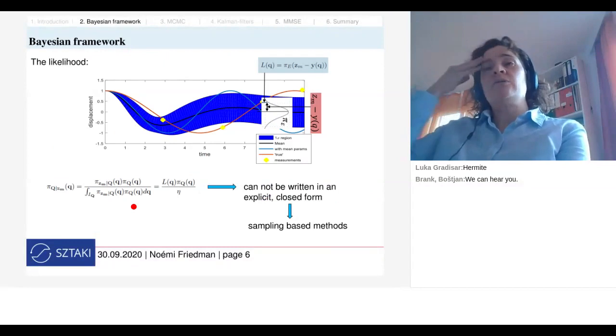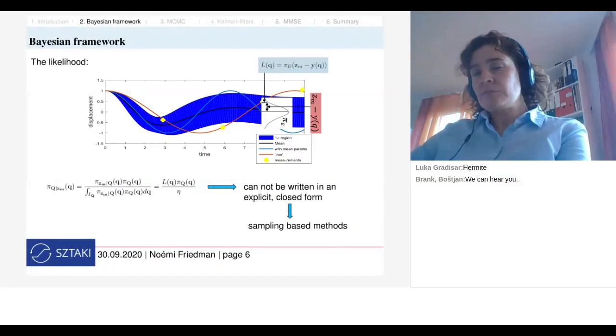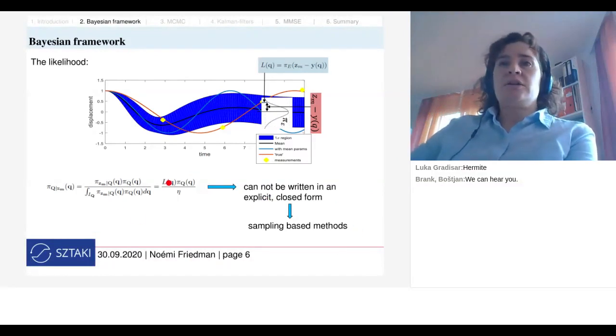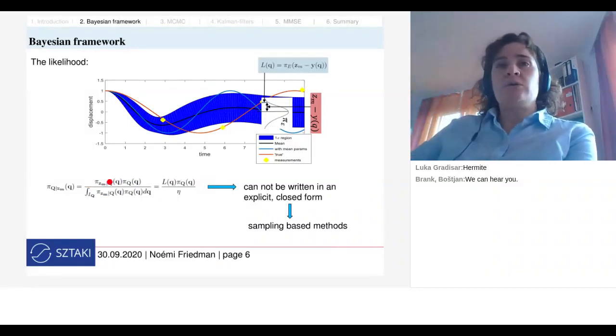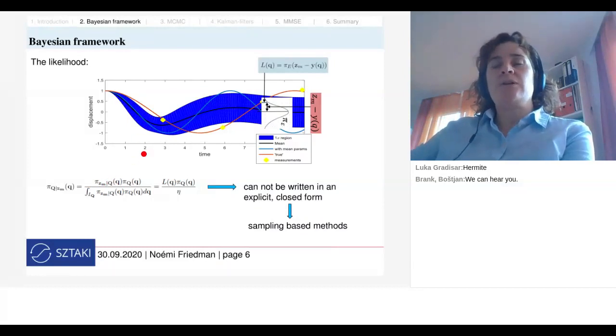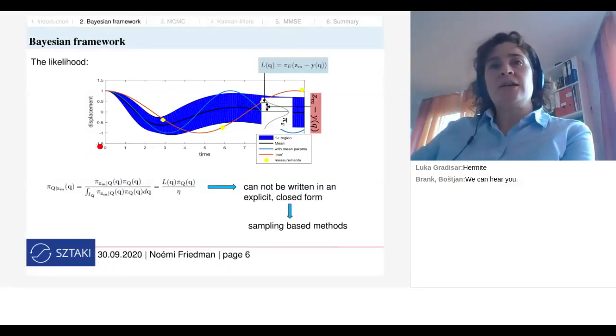So what the likelihood is, and this is what I promised you, that I will show you a slide about that. The likelihood, as I said, is how likely it is that I'm measuring a certain value, this ZM value, given some specific value of the parameter. Now I go back to the spring example because it's somewhat easier to explain on that.